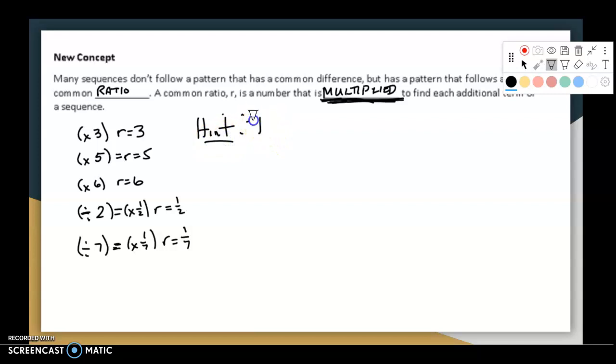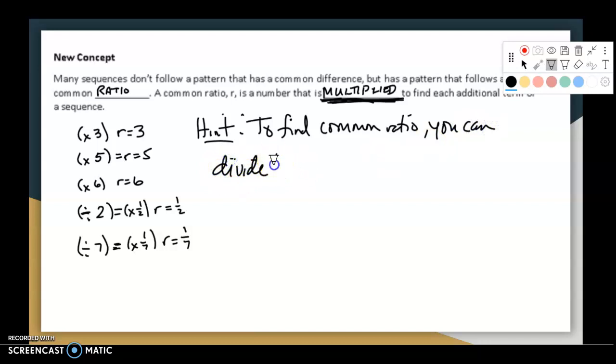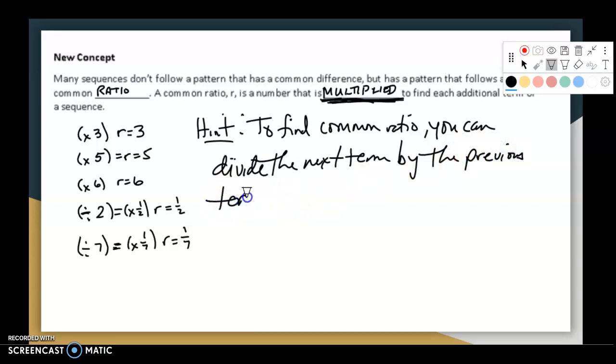To find the common ratio, you can divide the next term by the previous term. We're going to see that in just a moment, and that will help you to get the common ratio.